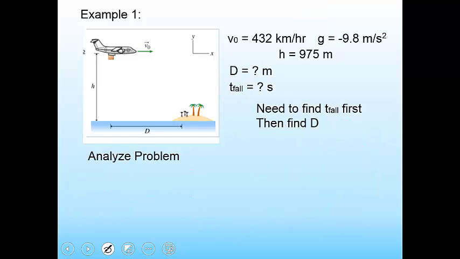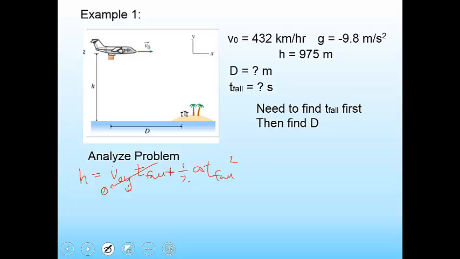So now that we have this approach, we can solve that initial equation for t fall. So I'm just going to write it as h is equal to v naught y t fall. This is going to go to 0 because v naught y is 0, plus 1/2 a t fall squared.